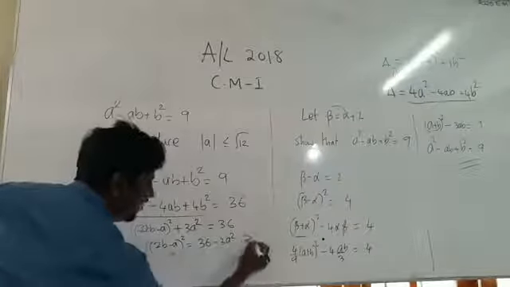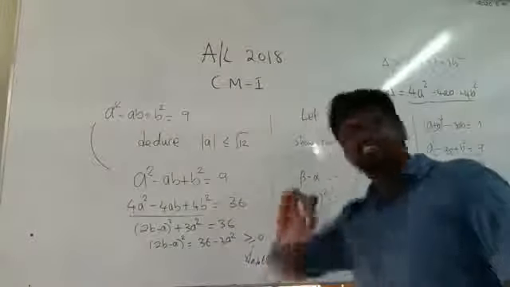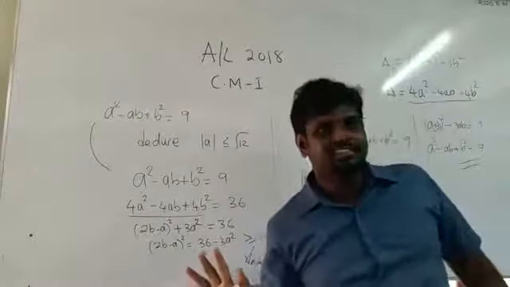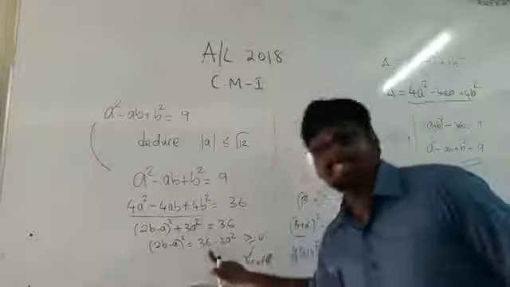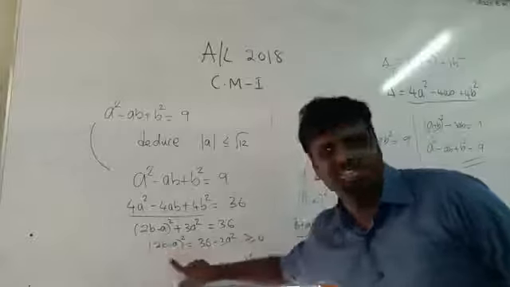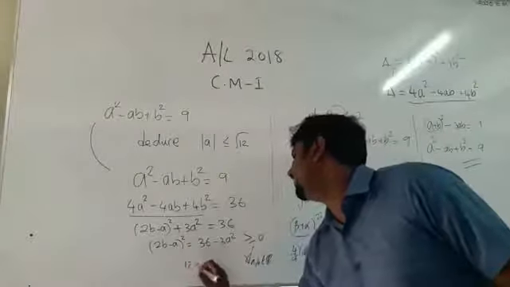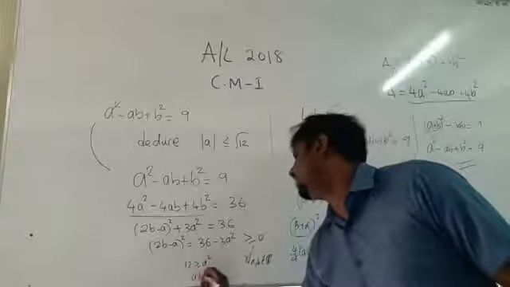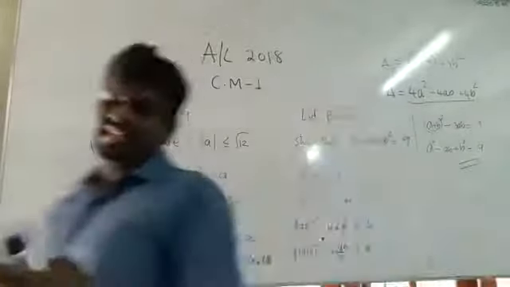This is greater than or equal to 0 for all A, B belonging to R. Yes or no? This is equal to this, and it is greater than or equal to 0. So 36 minus 3A square is at least 0, so 12 is greater than or equal to A square, and mod of A is less than or equal to root of 12. That's all. That's the end.